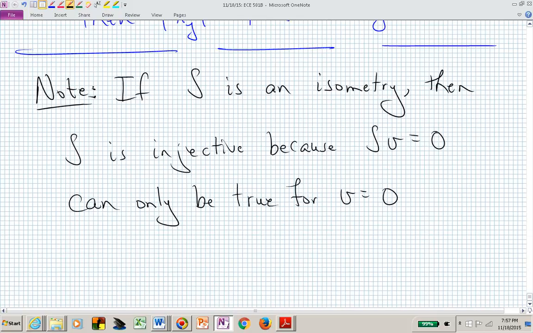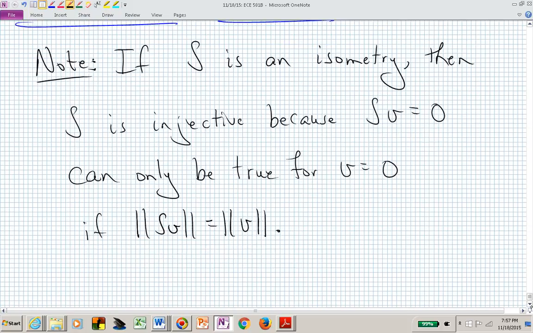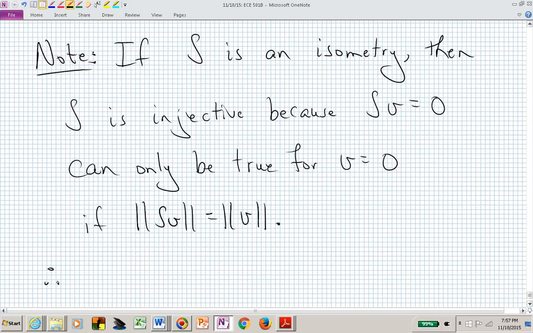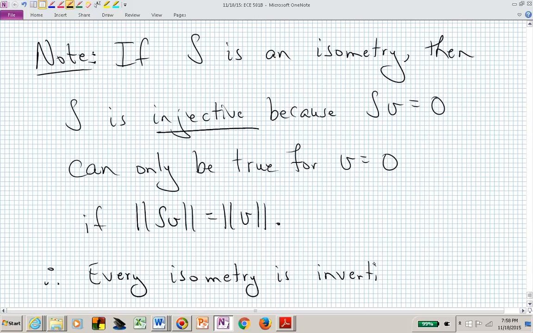Any vector v can only be true for v equal to 0 if the norm of Sv is equal to the norm of v. And because of that, since it's injective, it's now one-to-one. S is a one-to-one mapping. It has a trivial null space, which says then that every isometry is invertible.